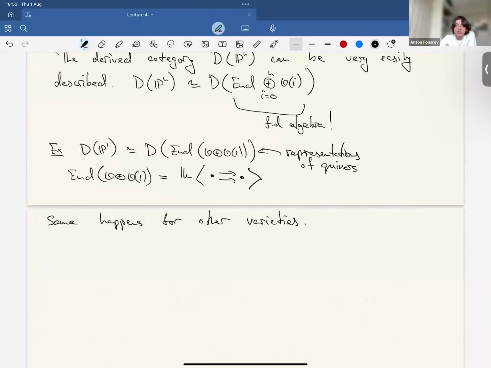It turns out that you can find, so the keywords here are exceptional collections.